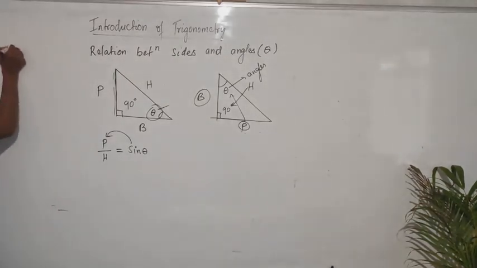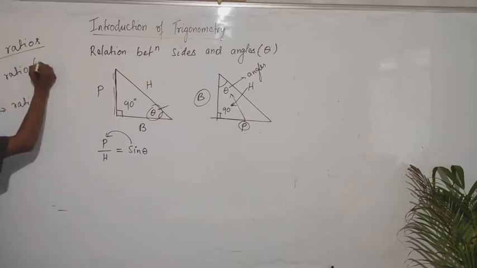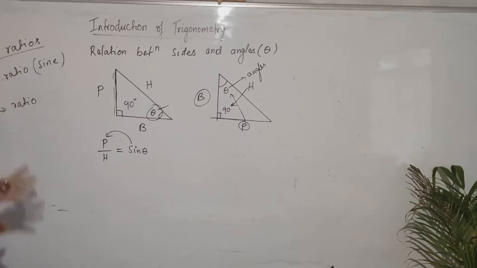Sine here is just a given name for this ratio, because how many ratios are there? There are 6 ratios. Then that will be P by H, this is also a ratio. Then B by H, this is also a ratio. 6 ratios are there. Then the ratio of P by H is named sine, so that it won't be confused, because all are ratios.